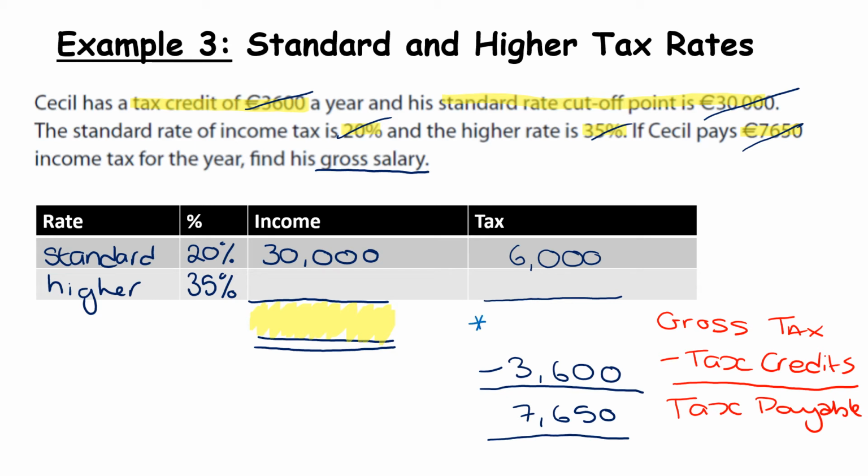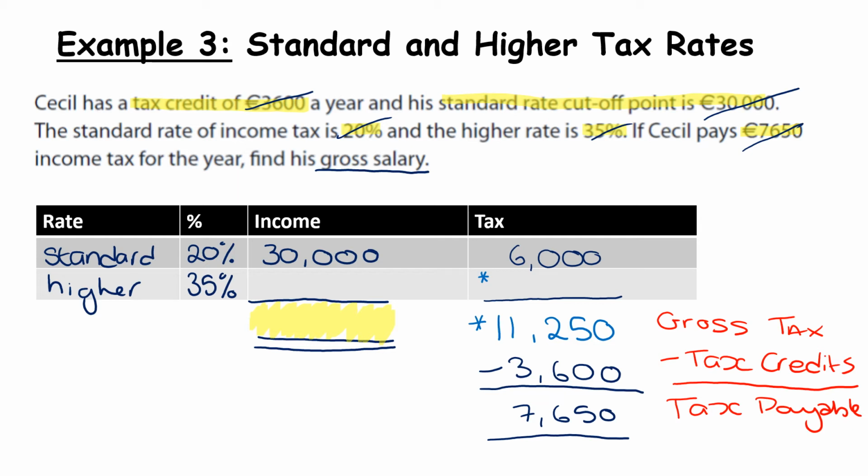Well, I add 7,650 and 3,600, and this would have then been 11,250. So we're working backwards. Now I keep working backwards. So I had 6,000 plus some number gives me 11,250.